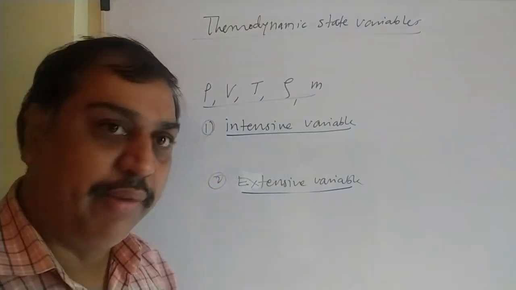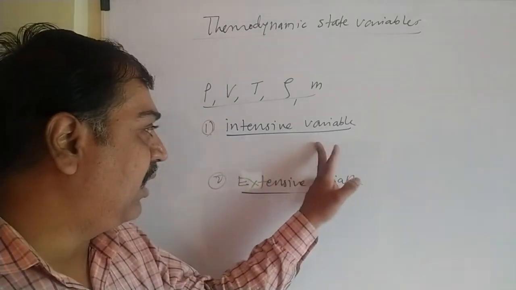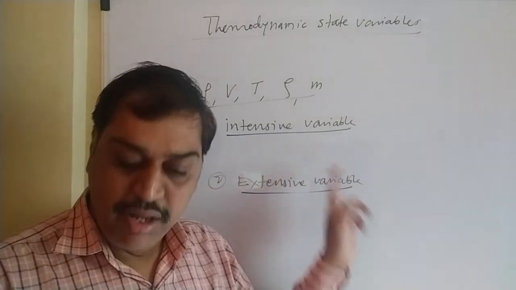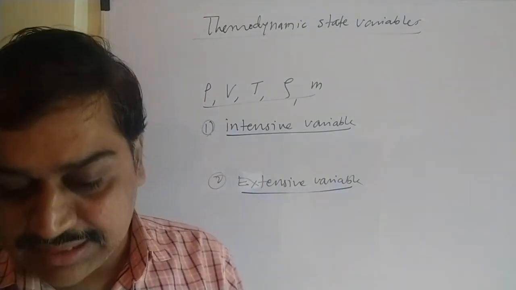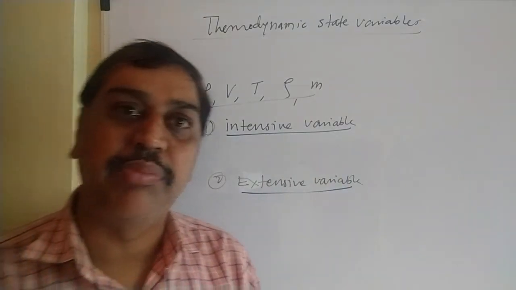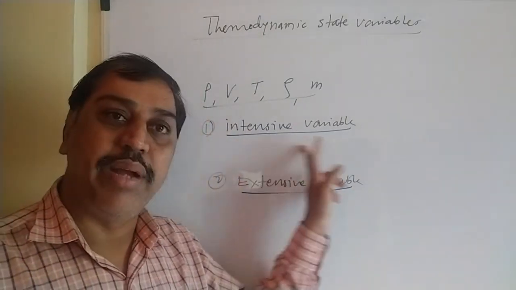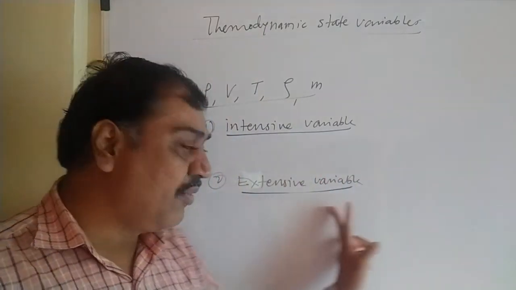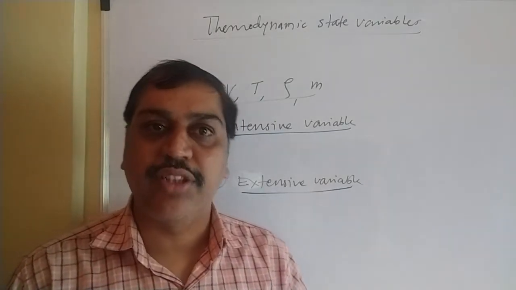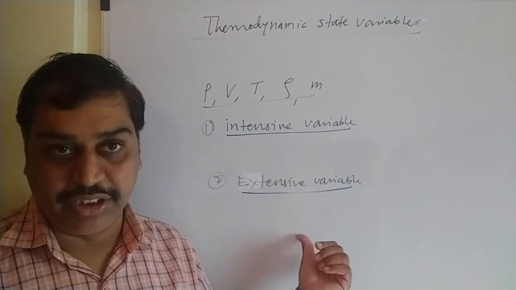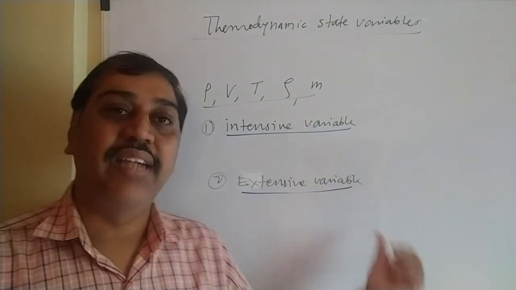Now there are two types, intensive and extensive. Intensive variables do not depend on size; if the size of the system increases or decreases, the variable still remains the same. And extensive variables are those for which, if the size of the system changes, the variable changes.